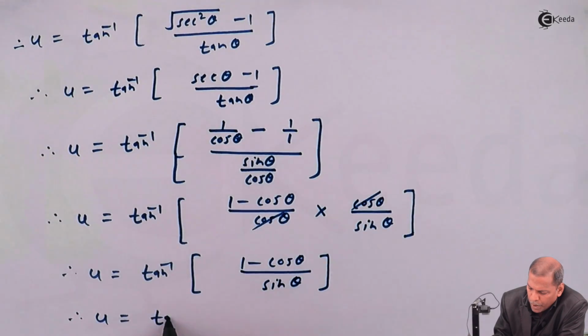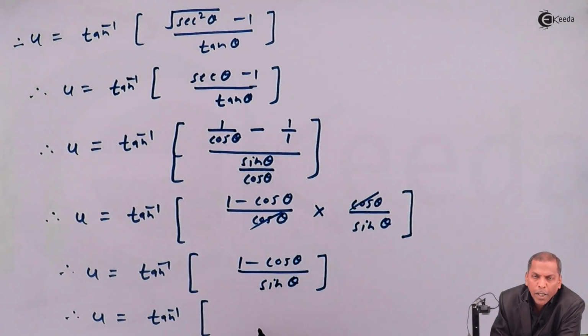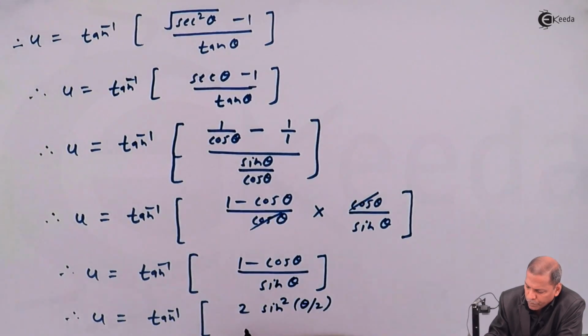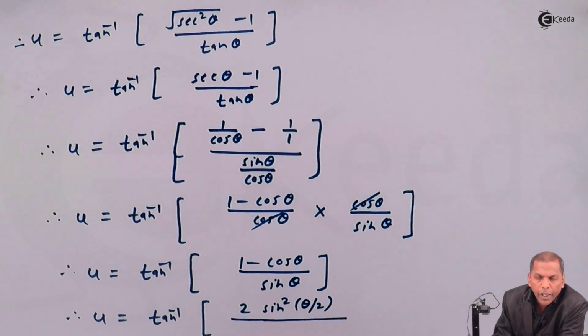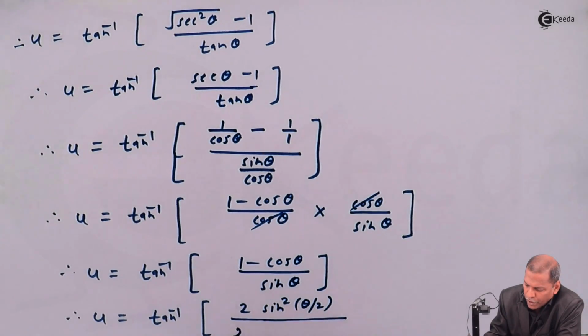Therefore, u is equal to tan inverse of. Now 1 minus cos theta is equal to 2 sine square theta by 2, and whole thing divided by, for sine theta we apply the formula of sine 2 theta, which gives 2 sine theta cos theta. Therefore, for sine theta we write it as 2 sine theta by 2 into cos theta by 2.